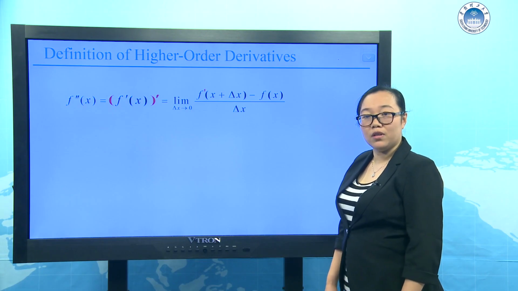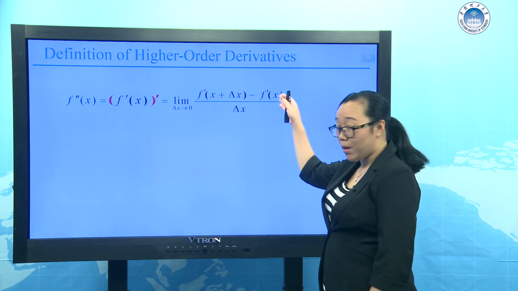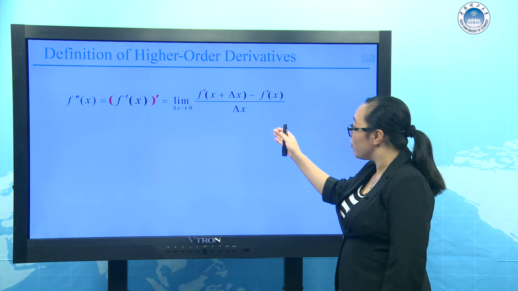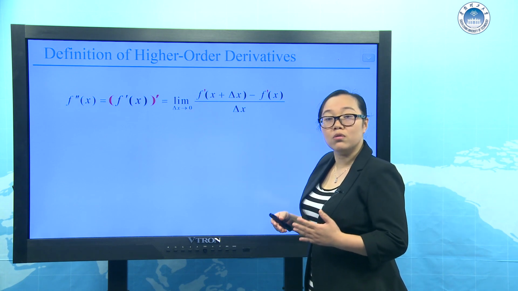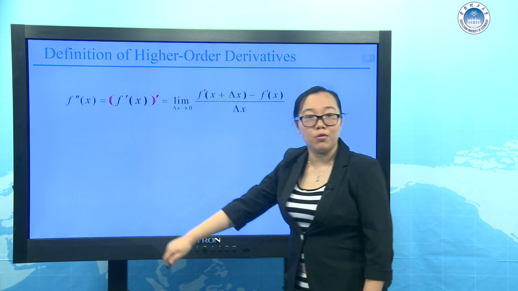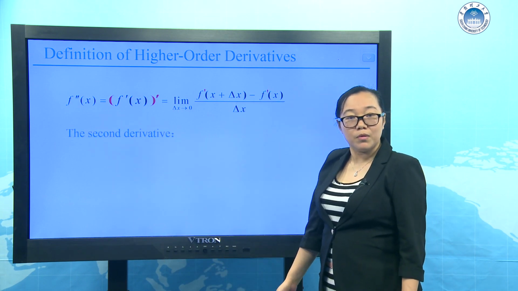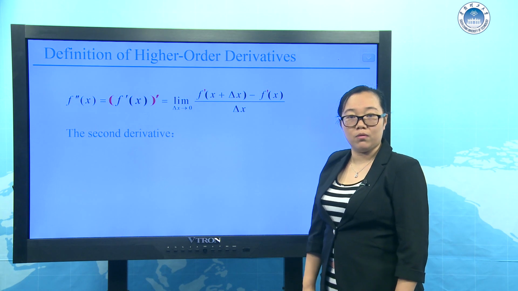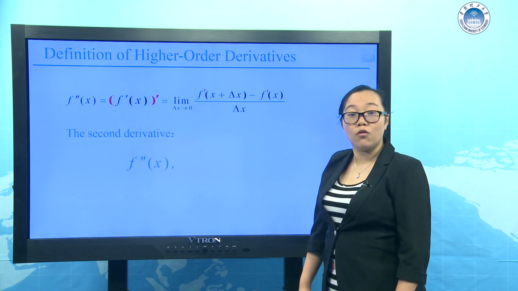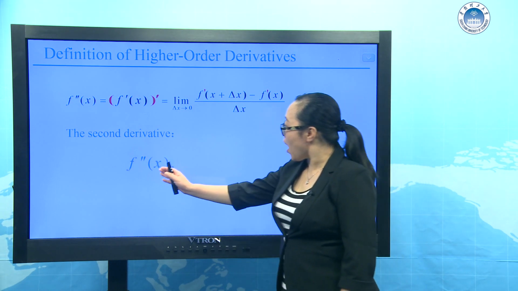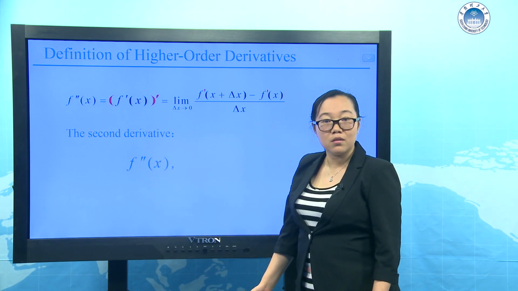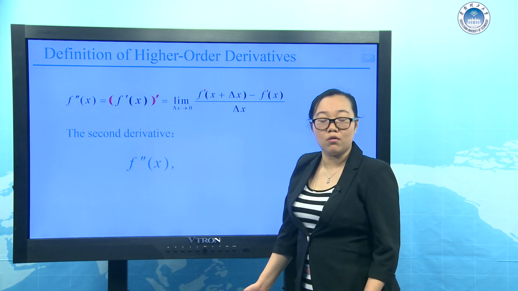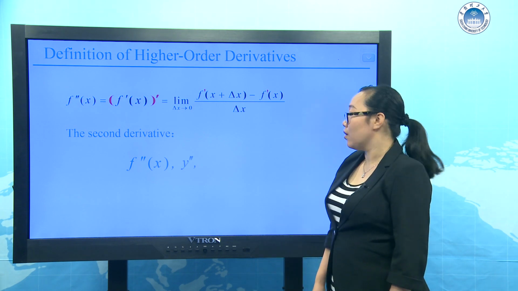So in the definition, the function f is defined with a first prime and then the limit. Two primes together mean double prime, which means the second derivative. It is written as f double prime of x.